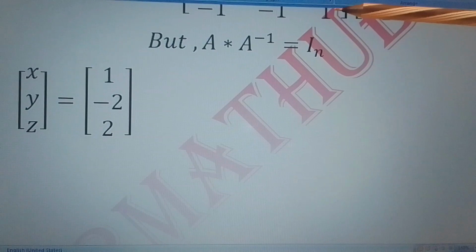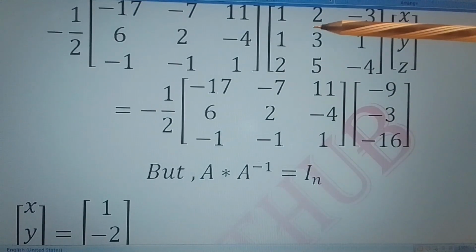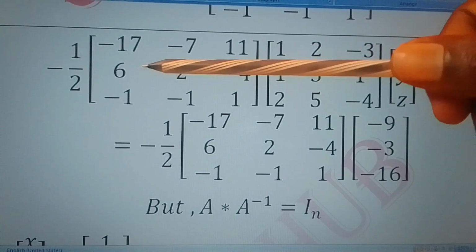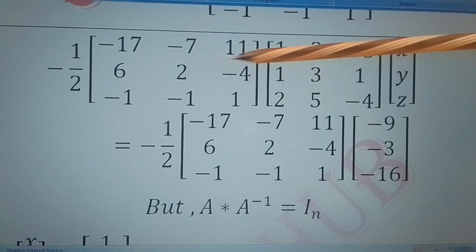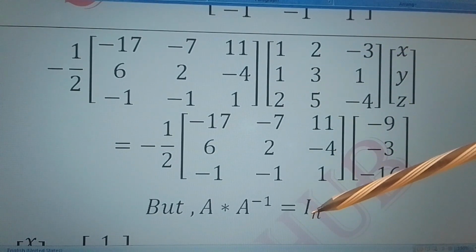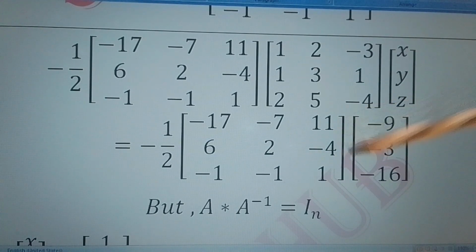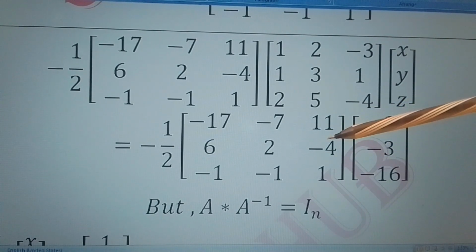But we know that a matrix times its inverse gives us an identity matrix, meaning this part on the left side of the equation reduces to an identity matrix. Then we remain with this part on the right side of the equation.